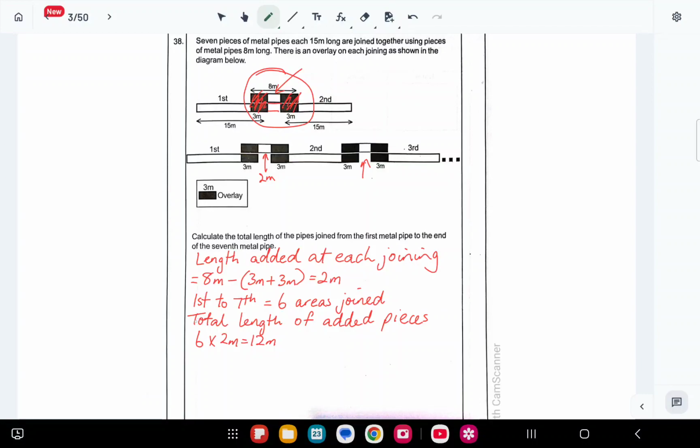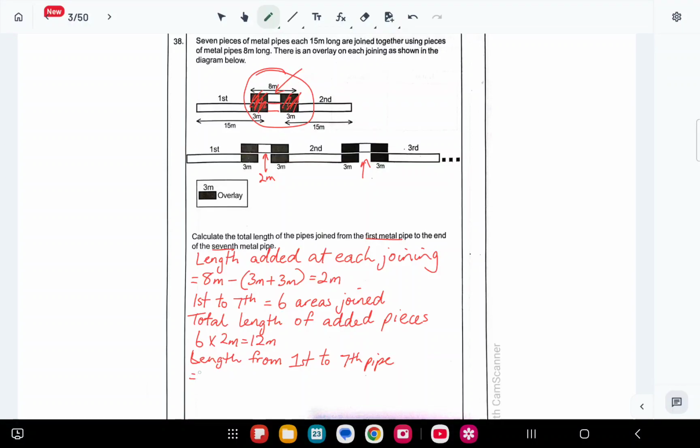We know now it is 7. They said it was from the first to the 7th. So it's 7 poles we're looking at, or 7 pipes. So we want to calculate the length from the first to the 7th pipe, just the pipes alone.